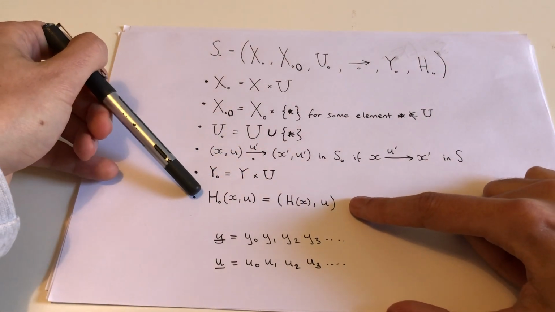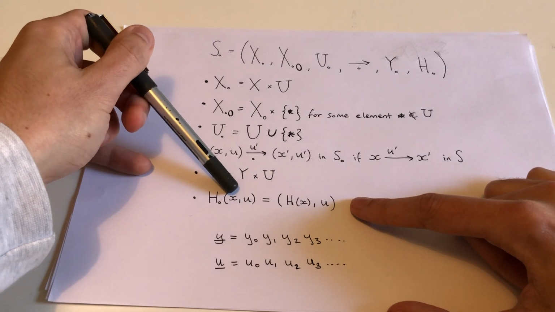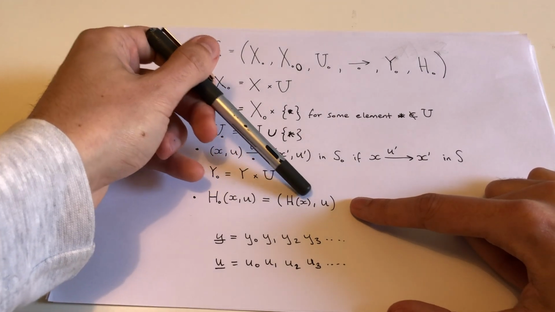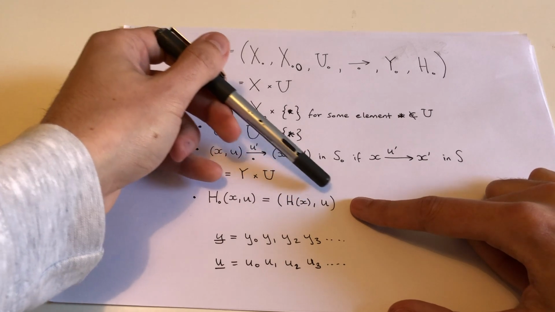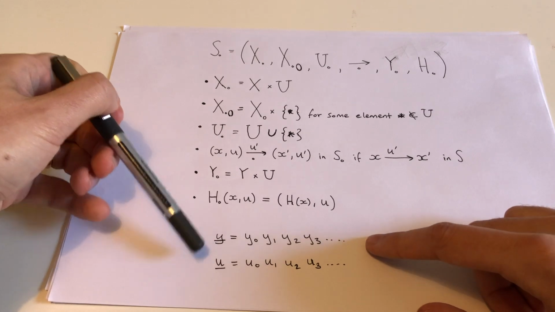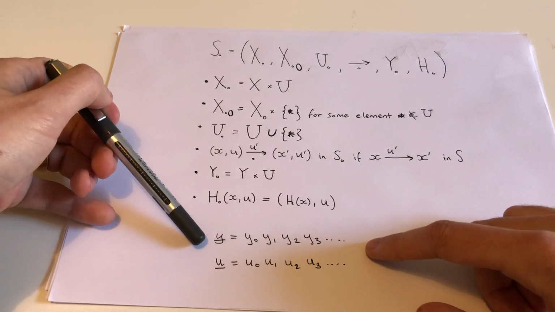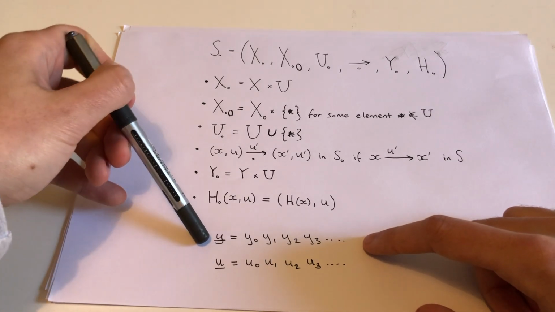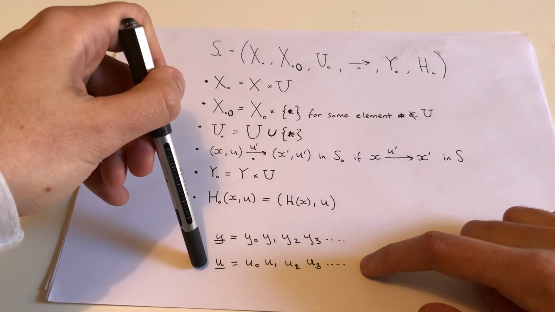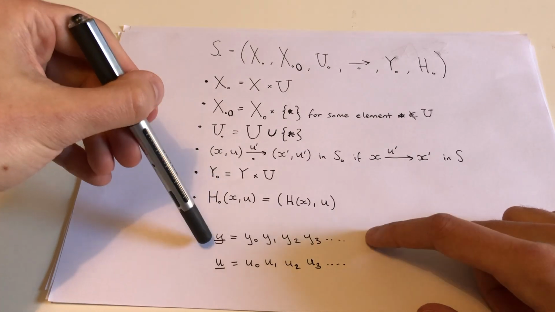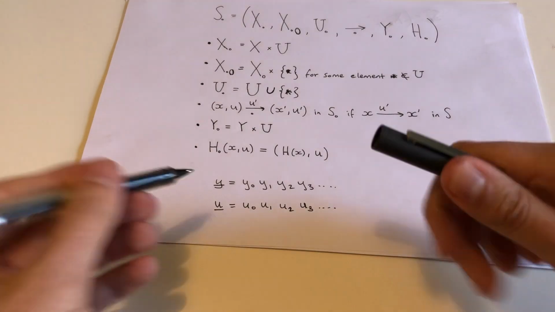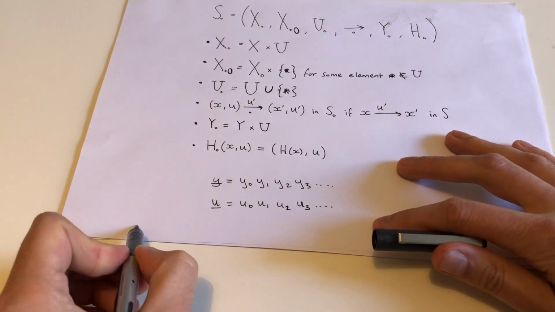And then we also have this updated mapping, which takes both the state and an input, and returns to us the mapping of that state as well as the input. And so now we'll have two externally visible variables. We'll have the external behaviour, y bar, and then we'll also have the inputs which determine this external behaviour visible to us.